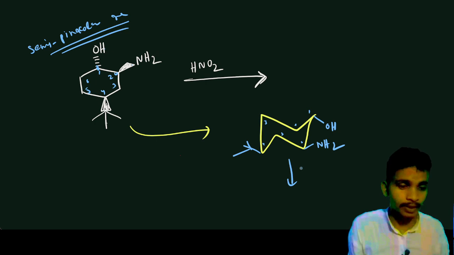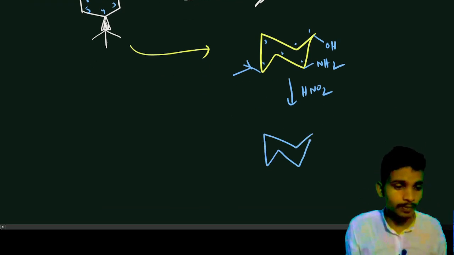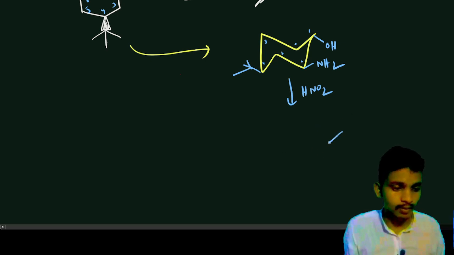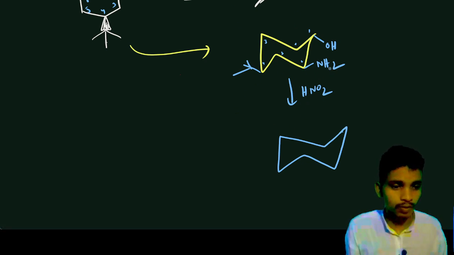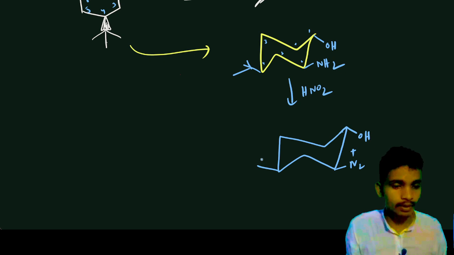Now what we have is HNO2, and what HNO2 will do is convert this NH2 into N2 gas. So the work of HNO2 is to convert this NH2 into N2 plus, and here is OH, and this is like this.